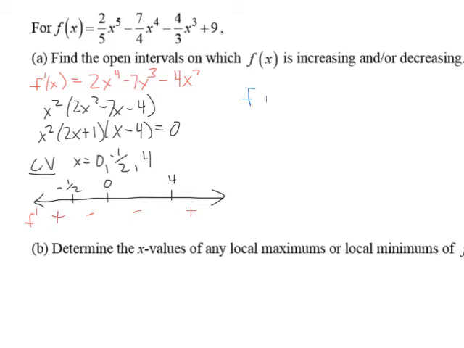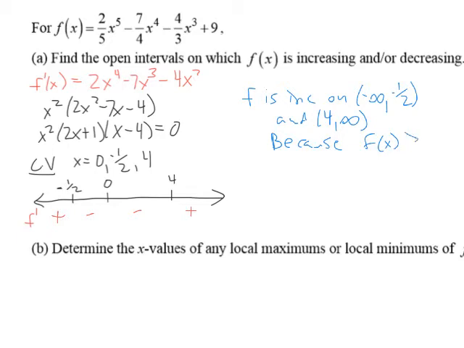F is increasing on negative infinity to negative 1/2 and 4 to infinity, because f prime of x is greater than 0.